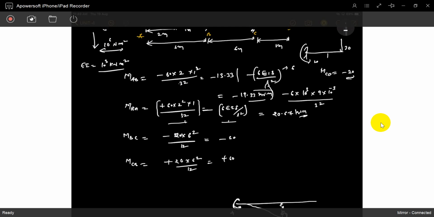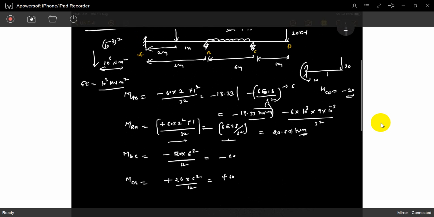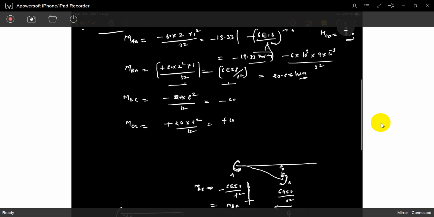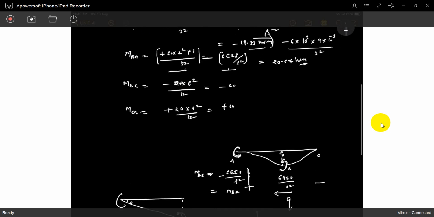Okay, now for BC. B is settled. So BC also will take like this. In BC you can just write like this, B this direction, C this direction.